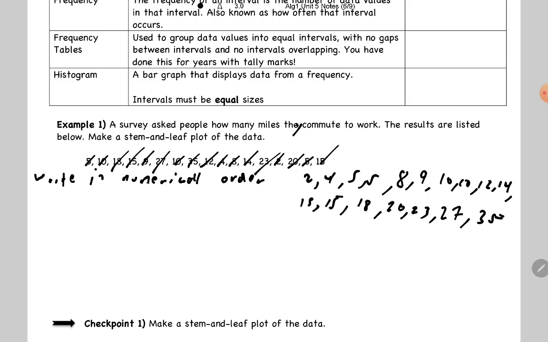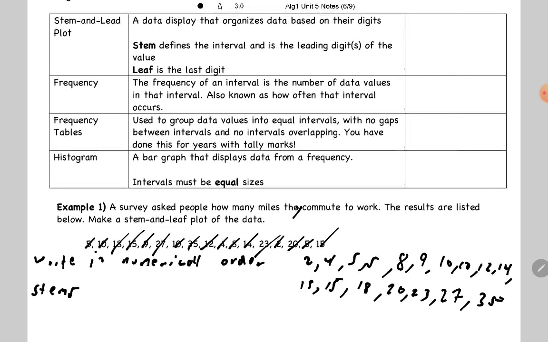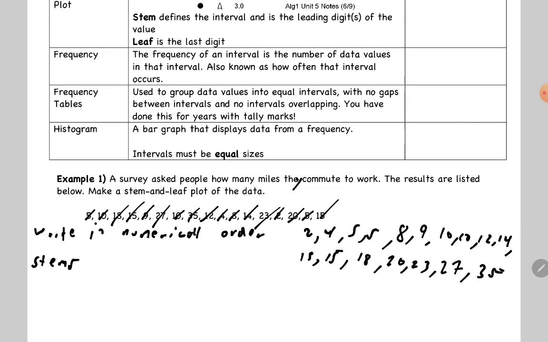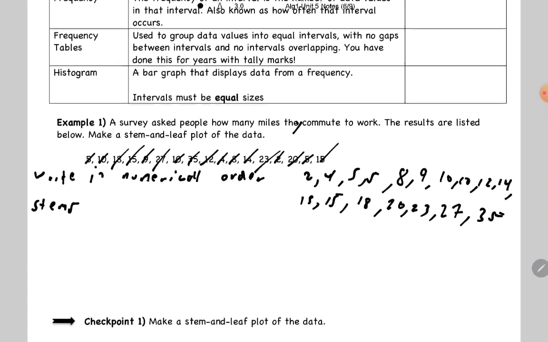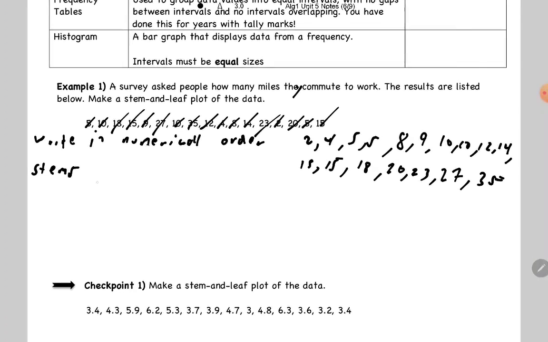Okay, stems. A stem and leaf plot has stems and leaves. The stem defines your interval and your leading digits. This data goes from 2 to 35, so we're going to have stems of 0, which means everything before 10, from 2 up to 9.